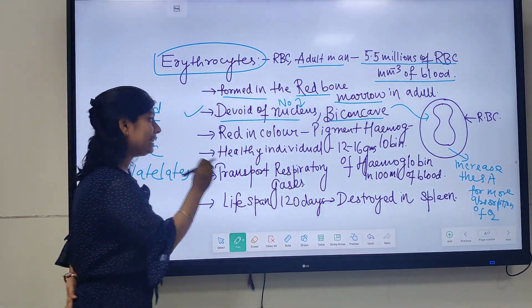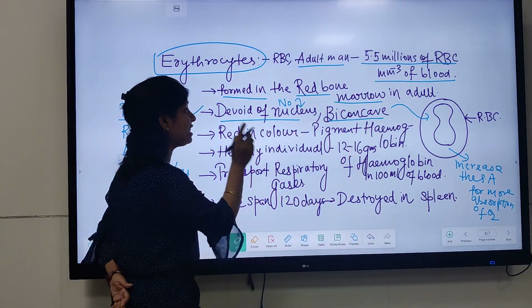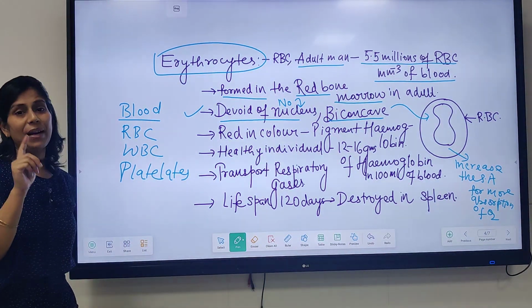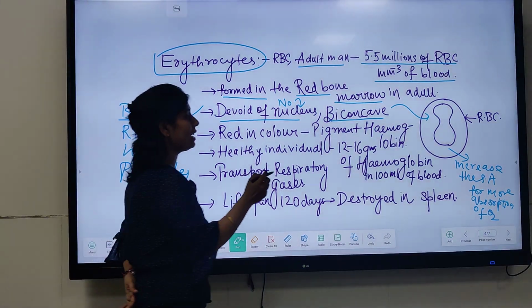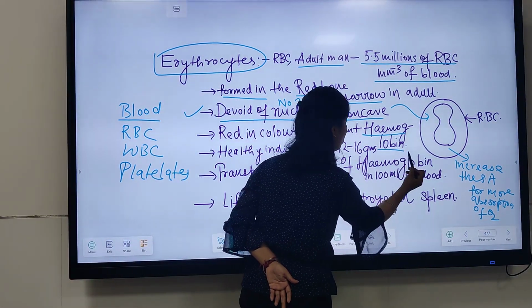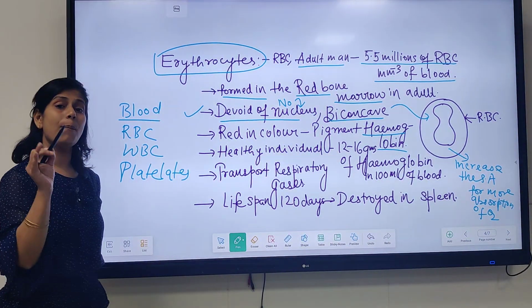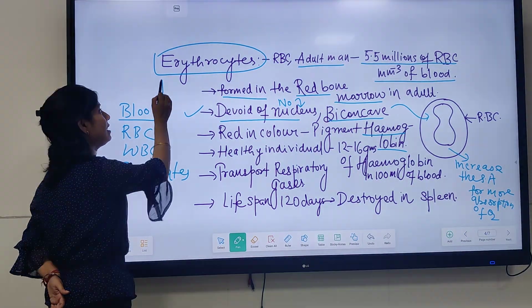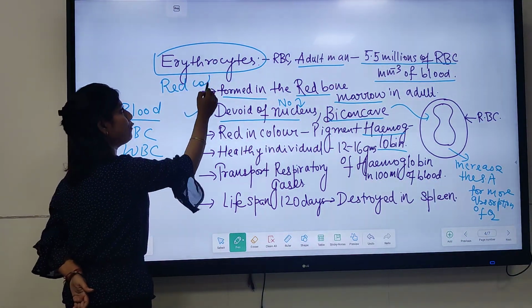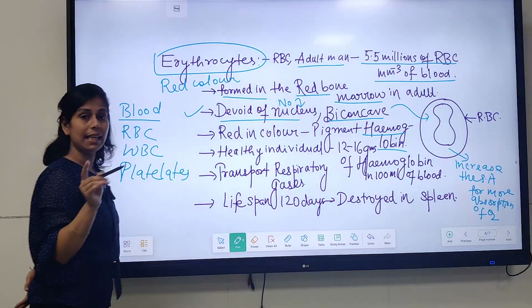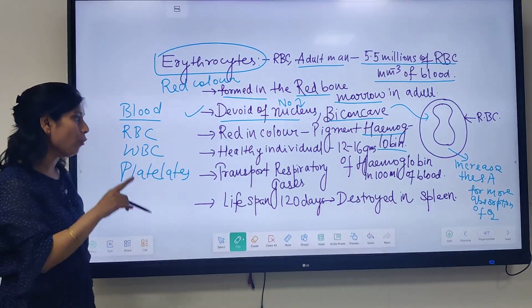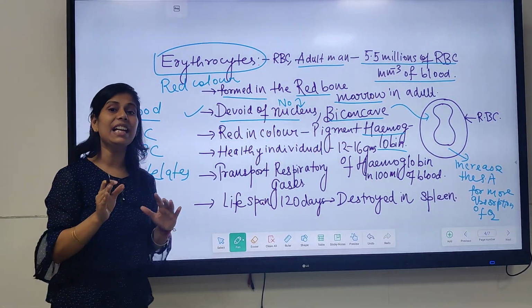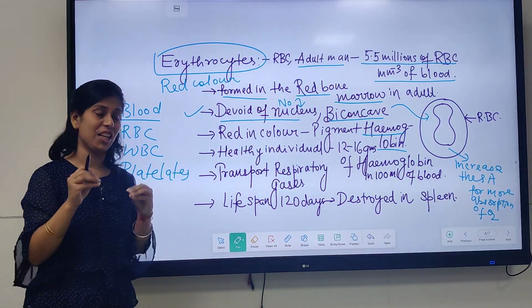There is another pigment present in RBC which is known as hemoglobin. Hemoglobin is the pigment which gives it a red color. The red color of the erythrocyte is basically because of hemoglobin.